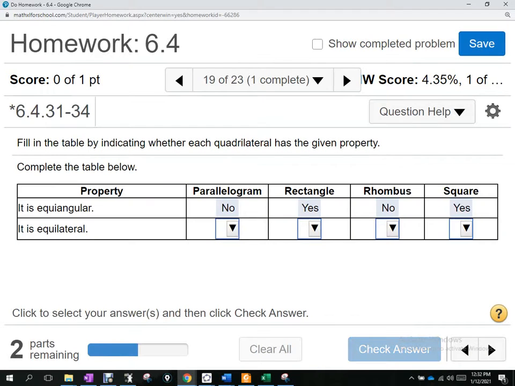It's equilateral. What's equilateral mean? All the sides are the same. Which shapes up there do we know that all sides are the same based on its definition? Square and a rhombus. And rectangles, no. Parallelograms, no. Can a parallelogram have all sides congruent? Yes.